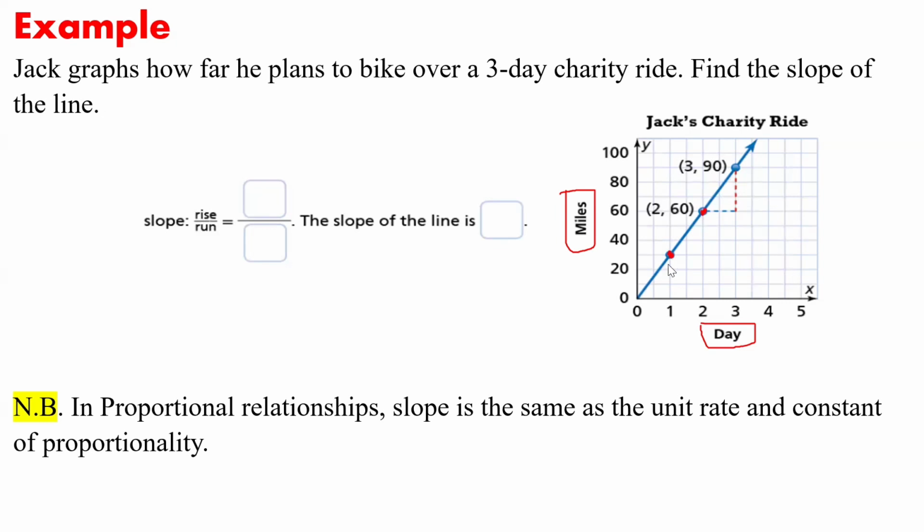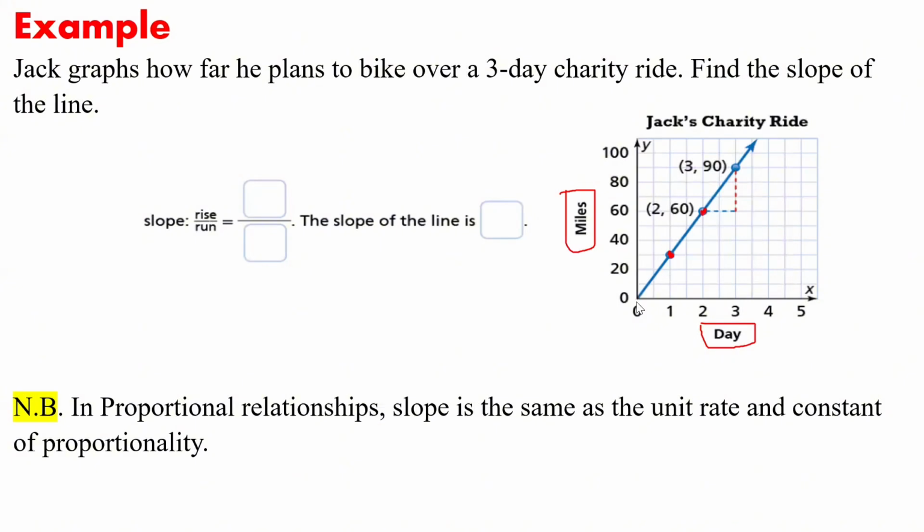Using these 2 points, I need to get from this first point to this second point using rise over run. All it is saying is, how many times am I going to rise and run to get to that point? So in doing this, you need to pay close attention to the scale. You must know how many units you're rising and how many units you're running to get to that point.